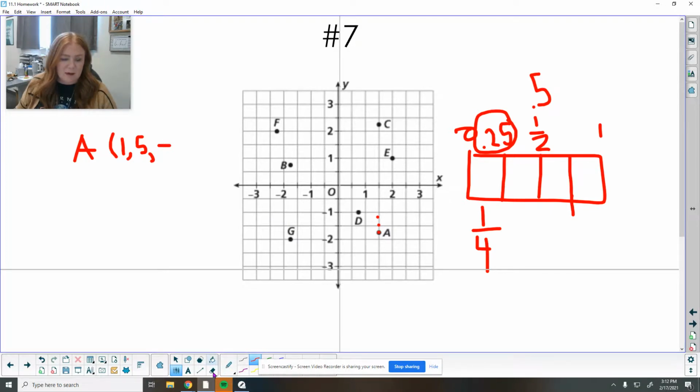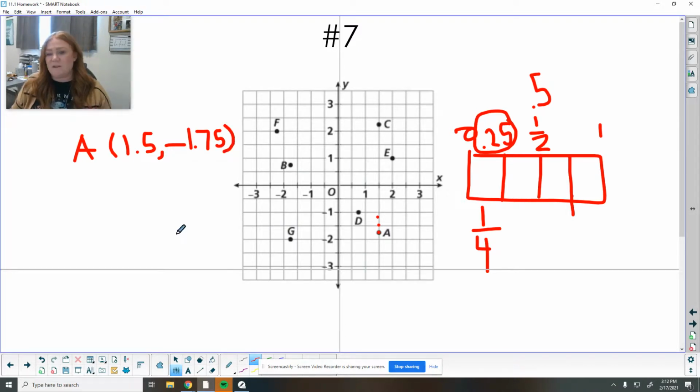Oh, I need to make that a comma. Let me do a better job here. So we went over 1.5, and then down 1 whole. Here's a half, and another quarter makes negative 1.75.